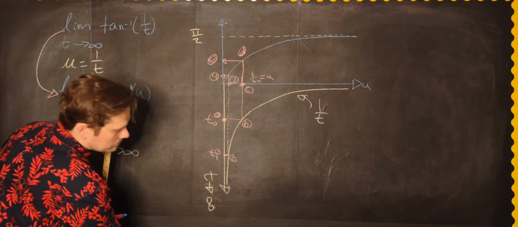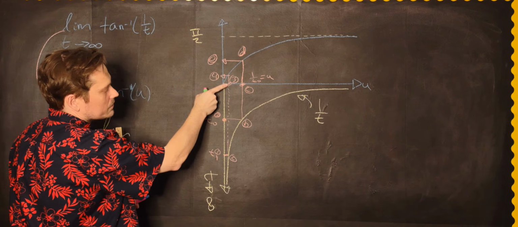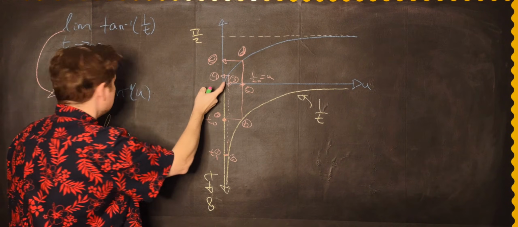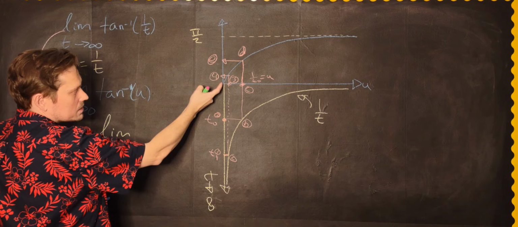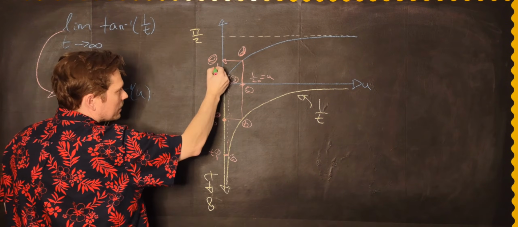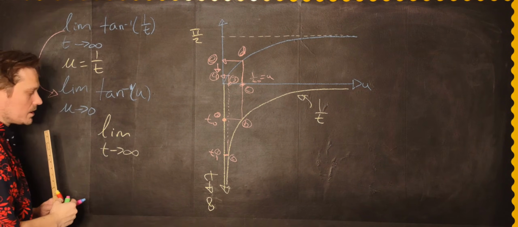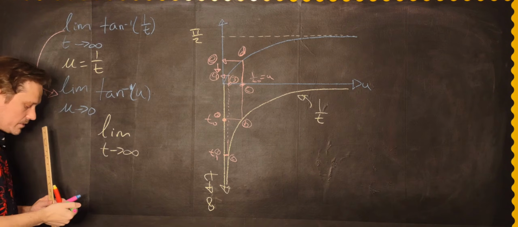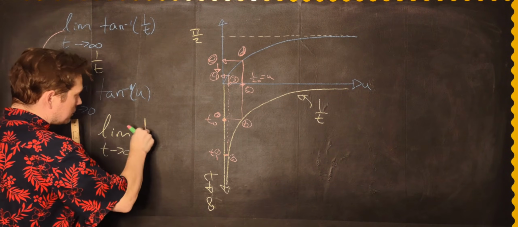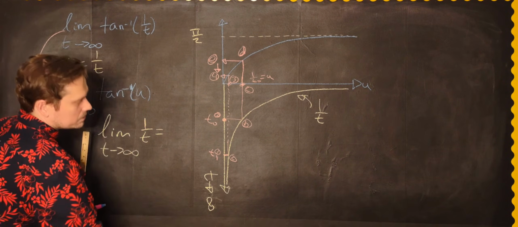So as t is going towards positive infinity, u, which is 1 over t, is going towards u equals 0 here. You see, u is going towards 0, and then these values are going towards 0 also. In other words, they're moving down in this direction, correct? So you can say the following then. The limit as t goes to positive infinity of this part alone, 1 over t, is equal to 0, since t is going to positive infinity.